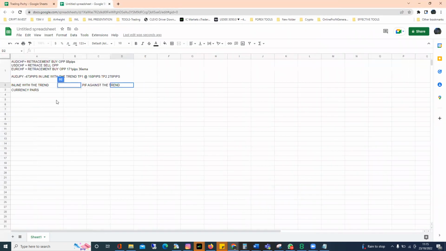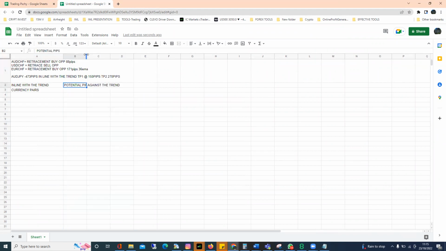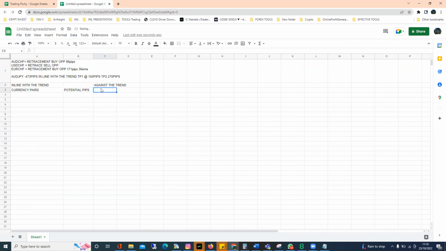So this is you managing your trade ideas, potential pips, so that at least you can keep this idea with you. And this potential pips will move down a little bit, and then currency pair, potential pips.